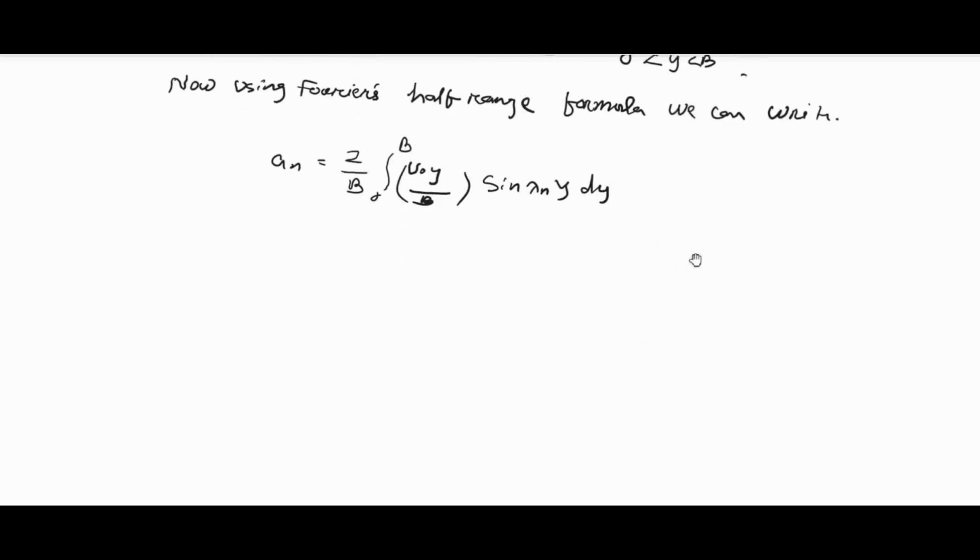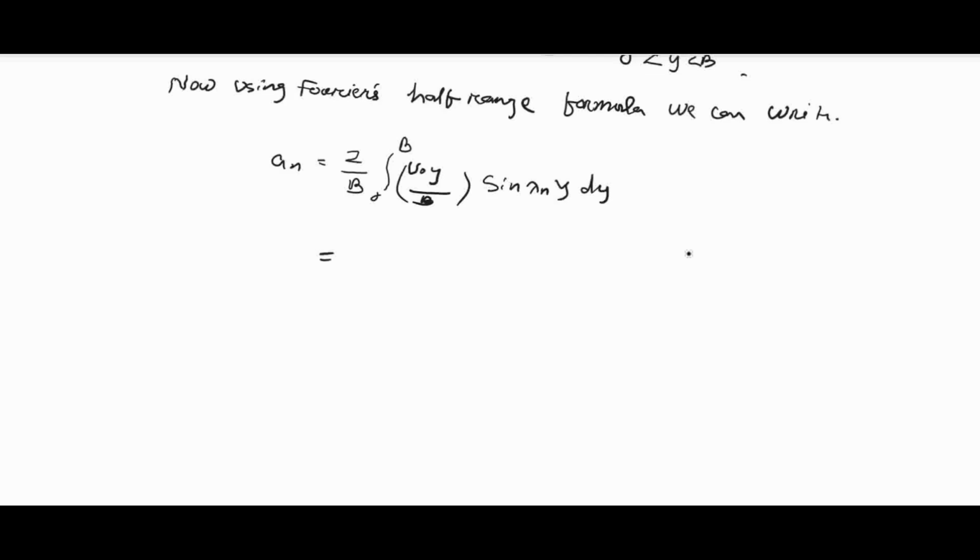Let us solve this one. So what will we get here? Below we already have one b and another b here, so we will get 2 by b squared. Keep y inside and u0 by b outside.